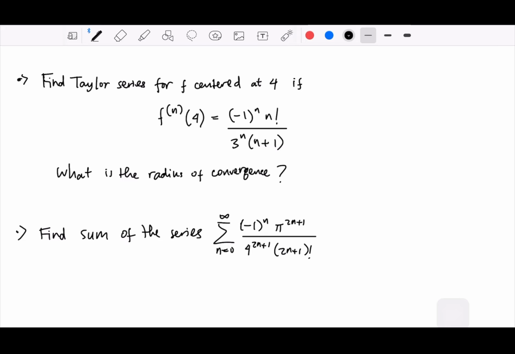This is 1 plus, factorial, 1 factorial plus, and then you will see a pattern, and then you can rewrite the pattern in terms of the sum. So that's the only way you can do it.